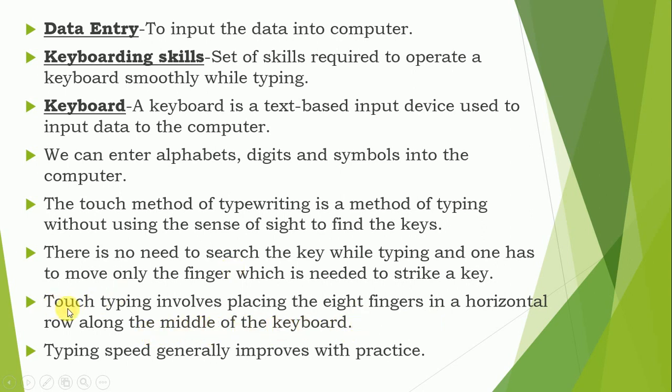The middle of the keyboard has the keys A, S, D, F, G, H, J, K, L, semicolon. So we have to place our fingers when we start typing in the middle row of the keyboard. Typing speed generally improves with practice. When you keep on practicing daily for some time, your typing speed will automatically increase.